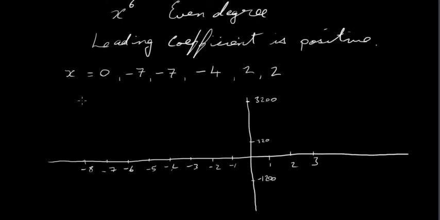Now let's start that. So we're going to go down here, hit the -7 and go back up again. I'm going to go up and back down straight through -4, keep going down, and then go up through 0.